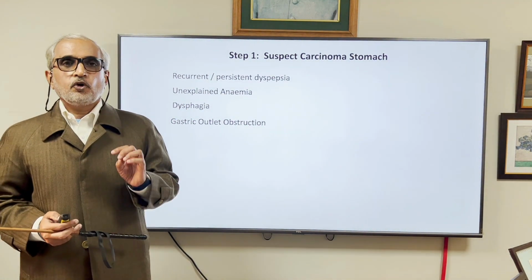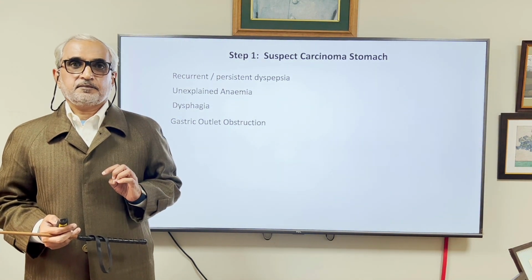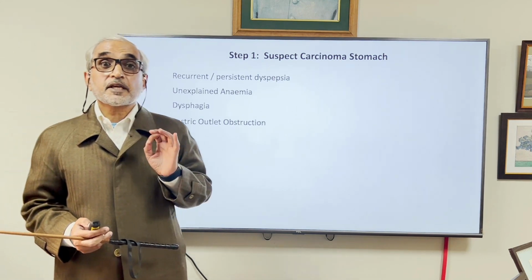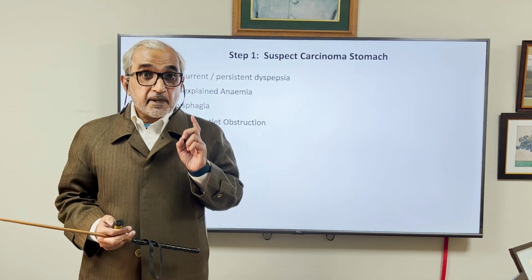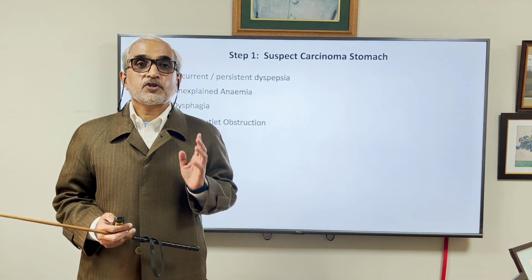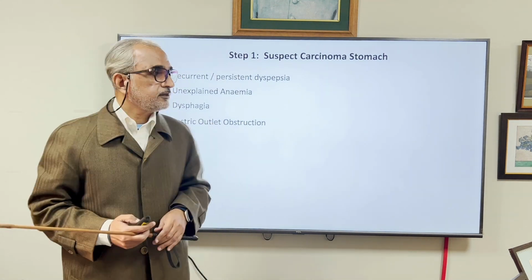Any patient who presents with an unexplained anemia, where you have exhausted the investigations and cannot determine the cause of anemia, one must think of carcinoma stomach. As in such cases, one also thinks of carcinoma colon.